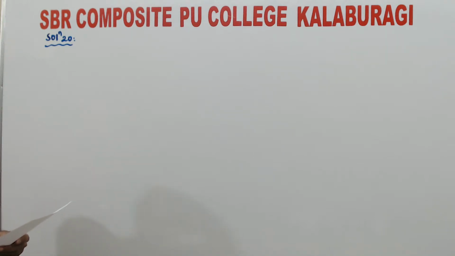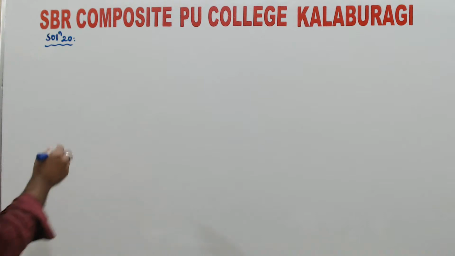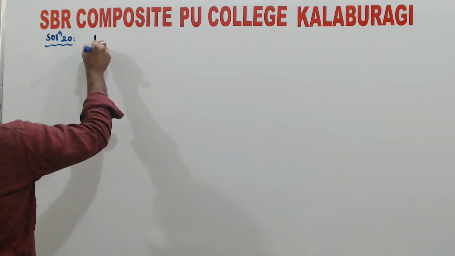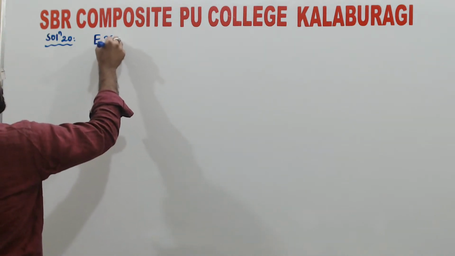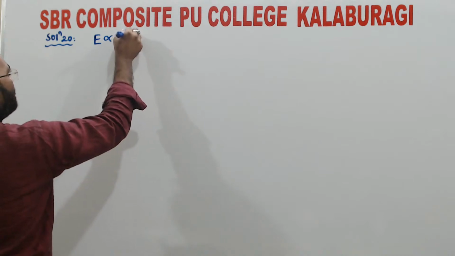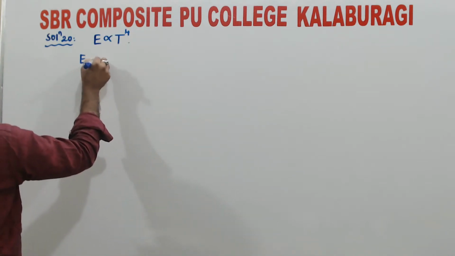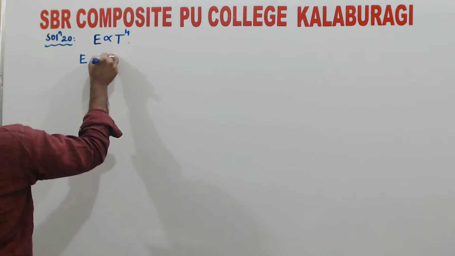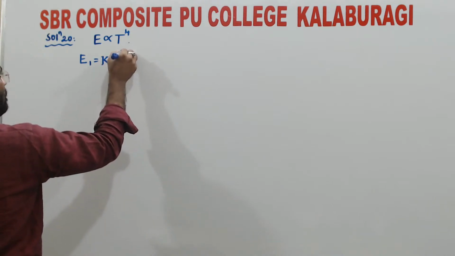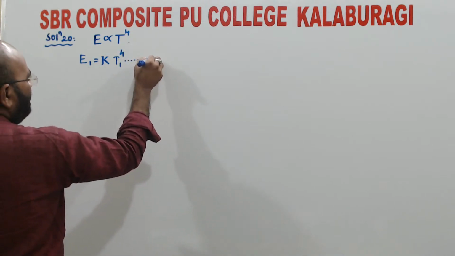When the temperature is reduced to half of the given value, what will the radiant energy be? We know that the amount of heat energy transmitted, E, is directly proportional to the fourth power of the absolute temperature. Therefore, E1 is equal to a constant K times T1 to the power 4, say equation number 1.